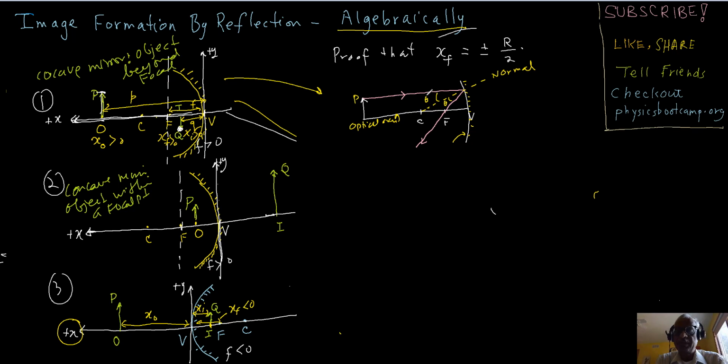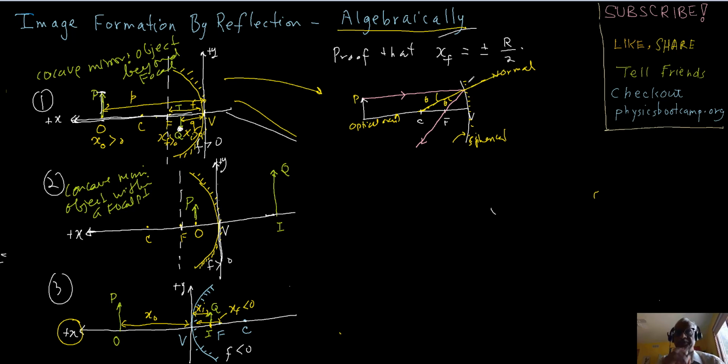When it hits the mirror, it's going to reflect and go through the focal point, because this is a concave mirror, right? This is spherical, and I have a cross section, so this is a big circle. Here, the normal comes from the point that connects to the center.